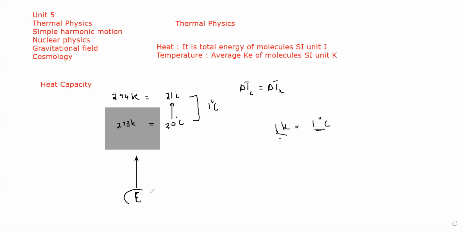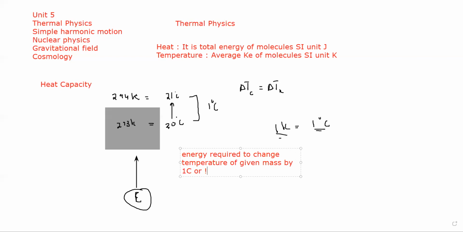So the energy which we supply to change the temperature by 1 degree centigrade is known as heat capacity. So it is the energy required to change the temperature of a given mass by 1 degree centigrade or 1 Kelvin.